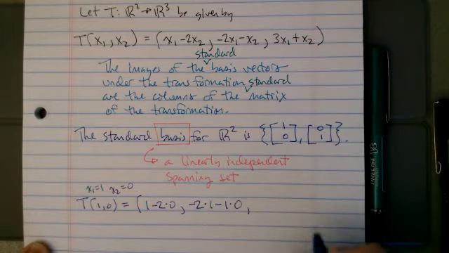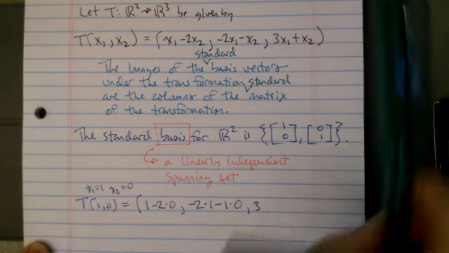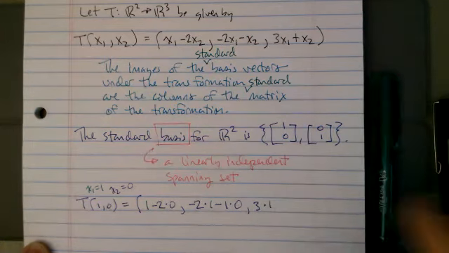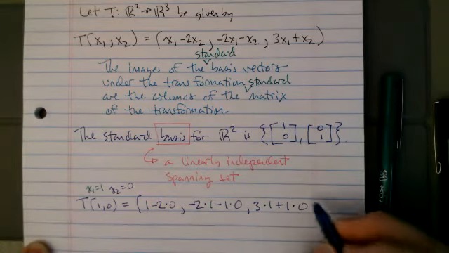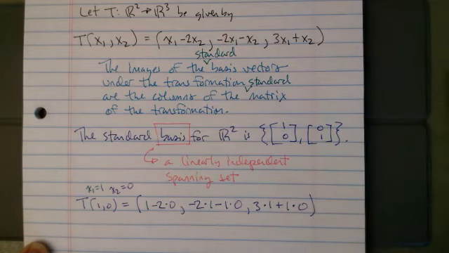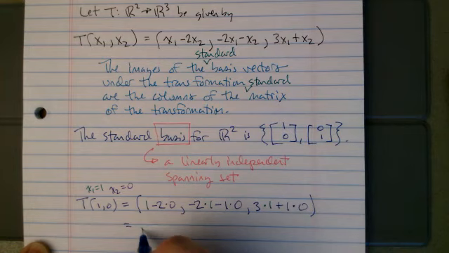And the third entry is 3x1 plus 1 x2. And so we get (1, -2, 3).